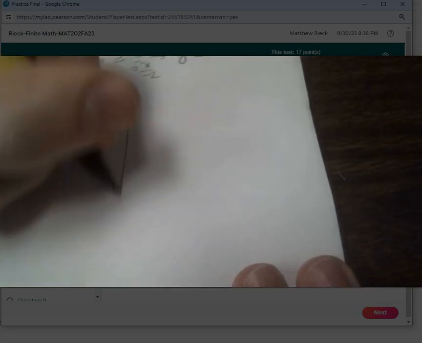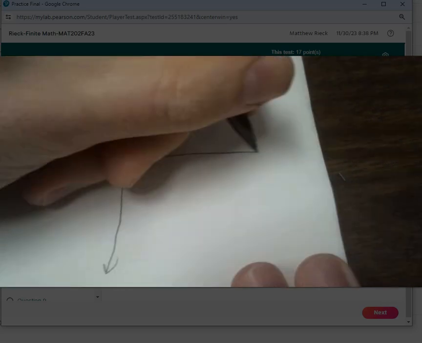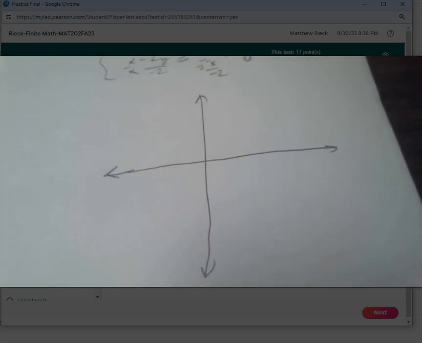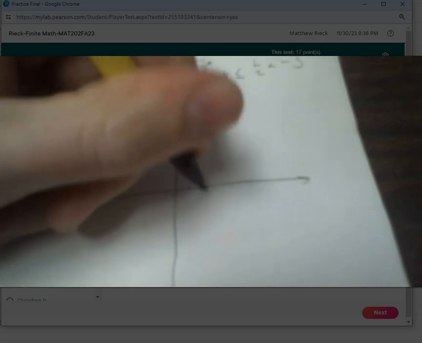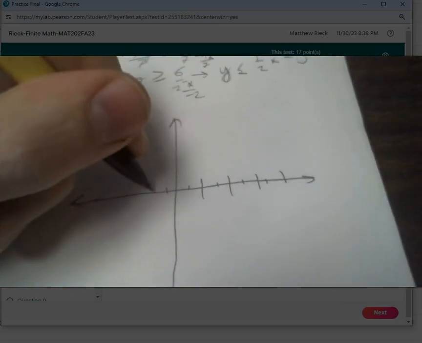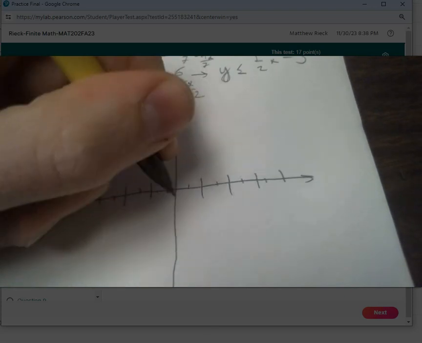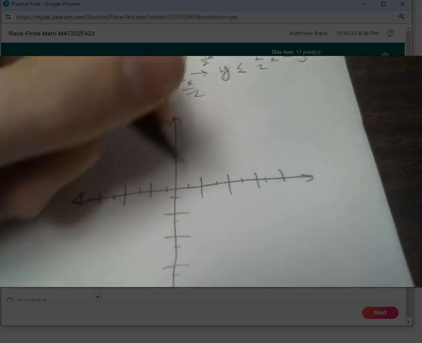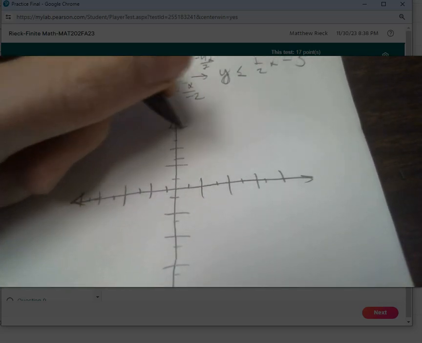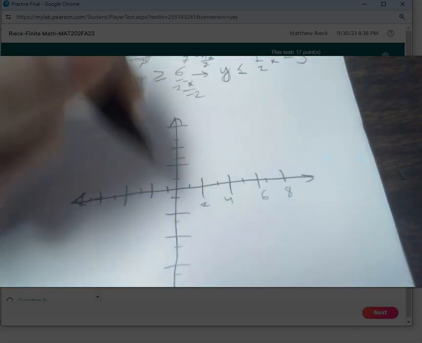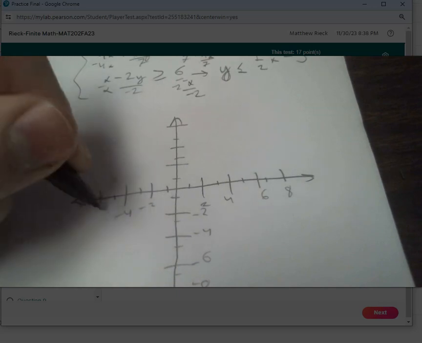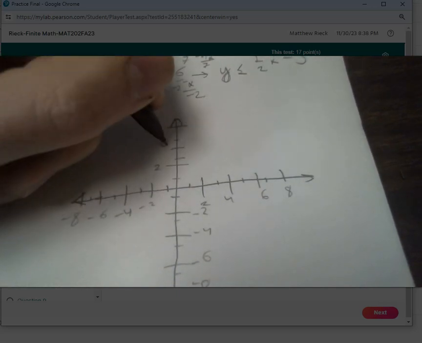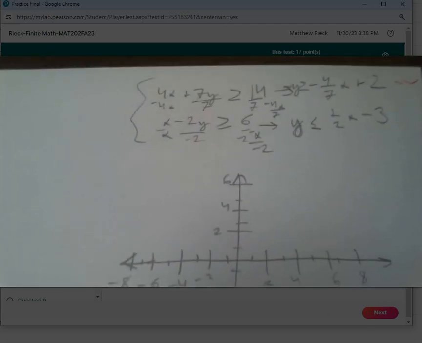All right, so then we're just going to graph these. I'll go ahead and use red for this first one. I'll fill in some values on the axes.